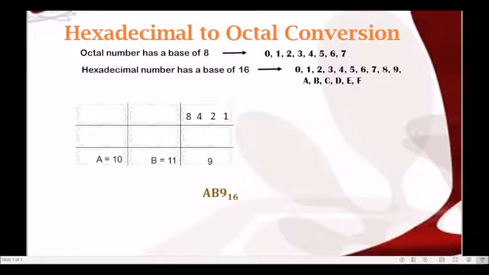Then for the next group of 4 binary digits, we will also be using 1, 2, 4, and 8 as our index. Same with the next group of 4 binary digits. We are also going to use 1, 2, 4, 8 as our index.